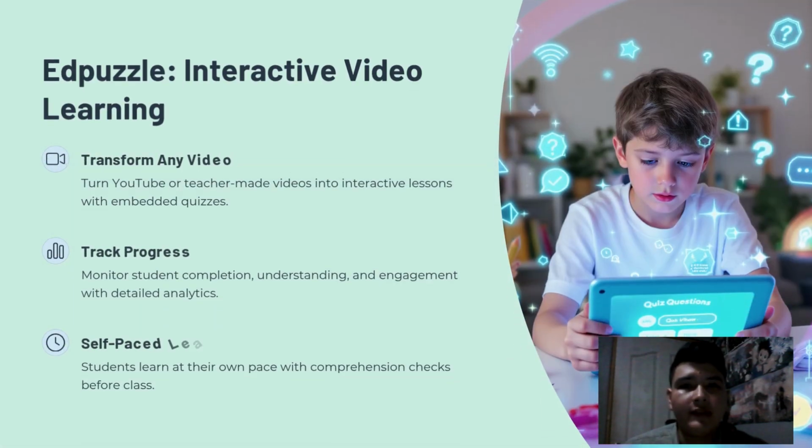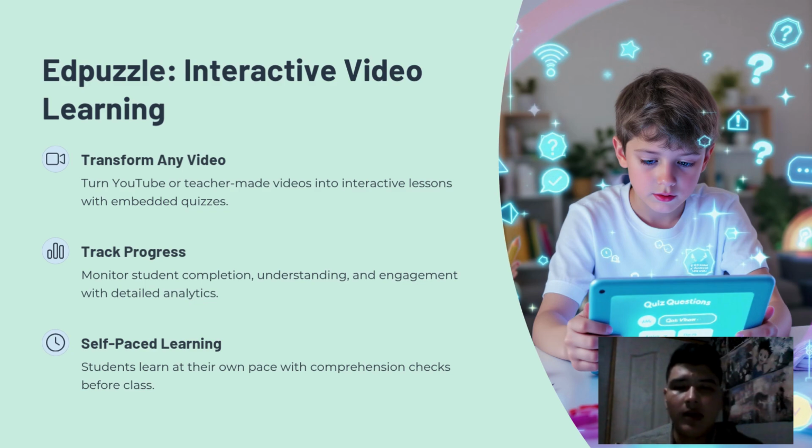Okay, the first app or platform that we chose for our flipped classroom method is the Edpuzzle platform. This is an interactive video learning platform where you can easily create beautiful interactive videos for your students. You can turn YouTube or teacher made videos into an interactive lesson with embedded quizzes.